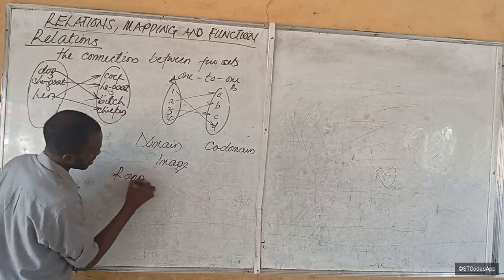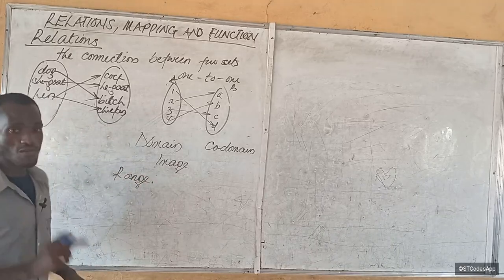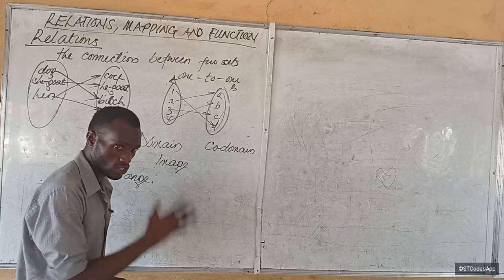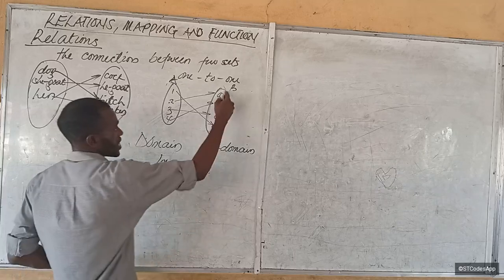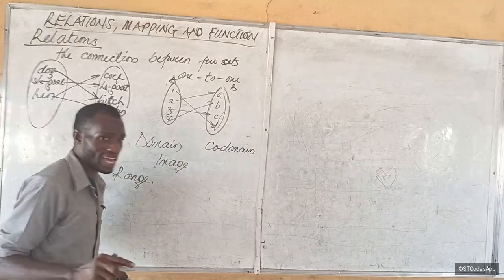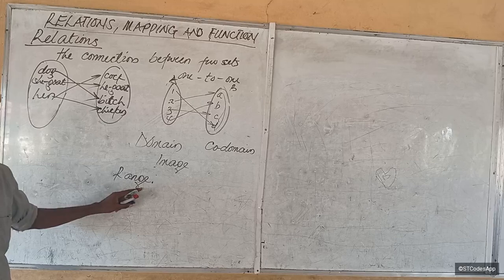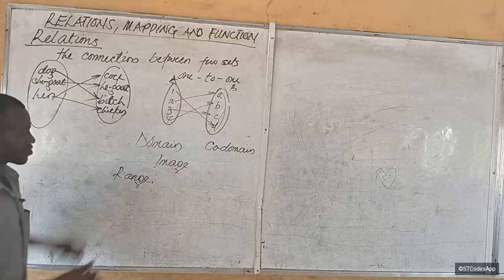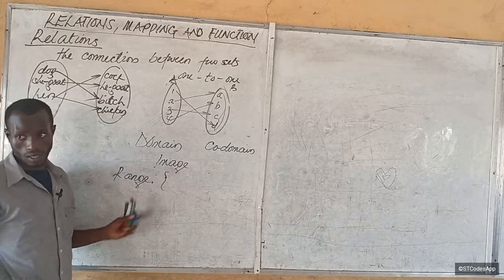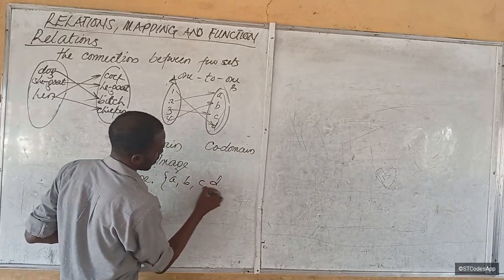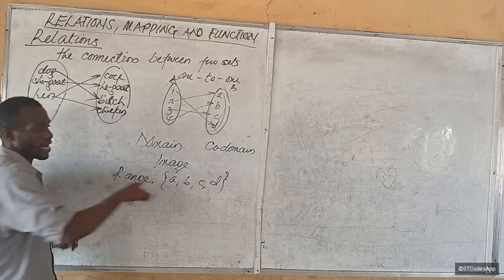Now you see, the range is the set of all the guys here that have been mapped to or matched. So if a guy here is not matched, the guy is not part of the range. Is that okay? So the range here is going to be, because it's a set, we use the curly brackets too. So we have {A, B, C, D}, because all of these guys here are matched.